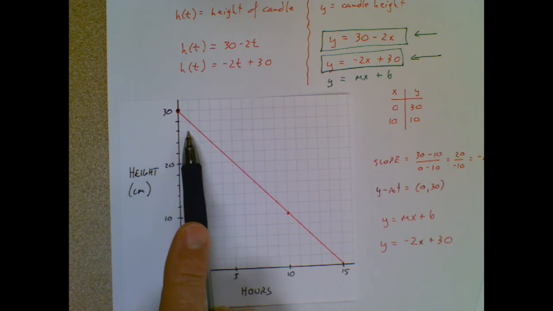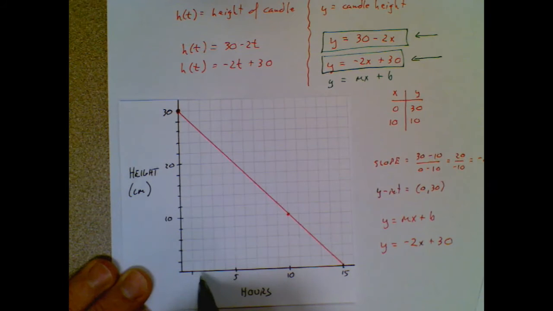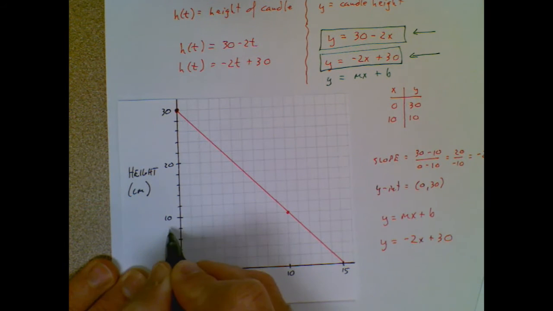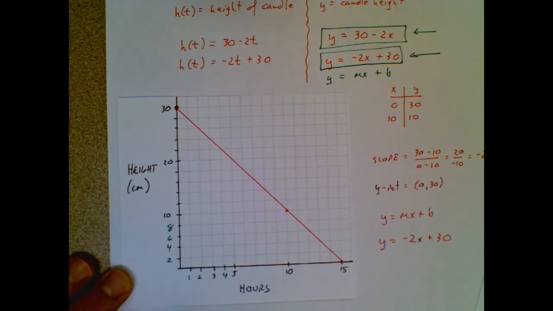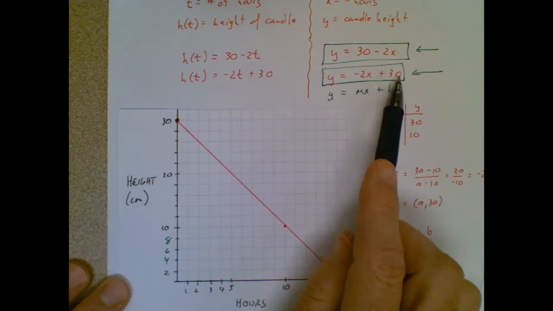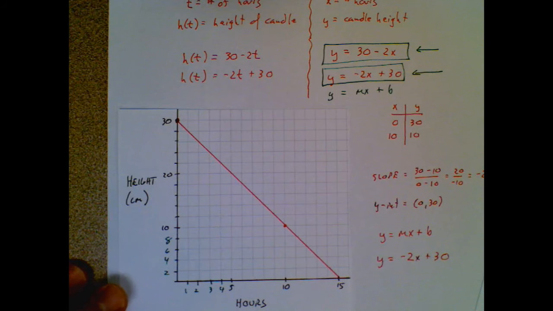Down 2 over 1, down 2 over 1. What you need to notice, though, is this scale on the x-axis goes by ones, and the scale on the y-axis goes by twos. So you have to keep that in mind when you're counting your slope. So by plotting the y-intercept and the slope, you can get that line.